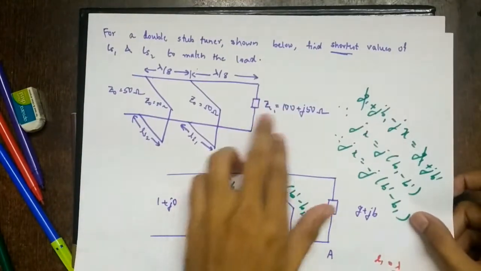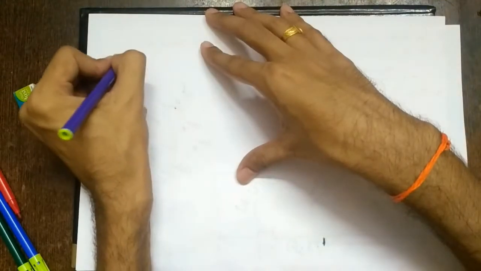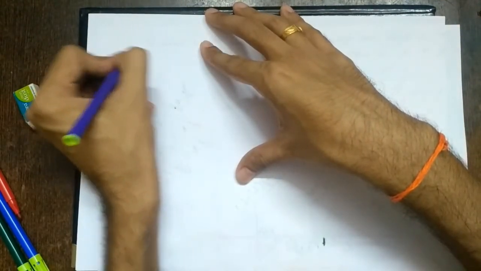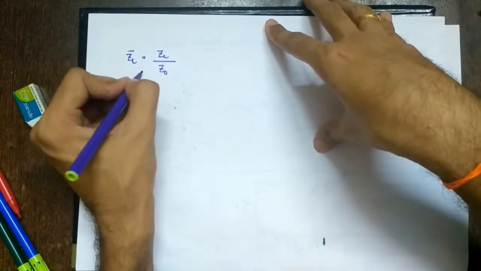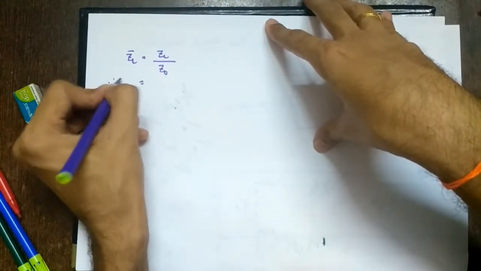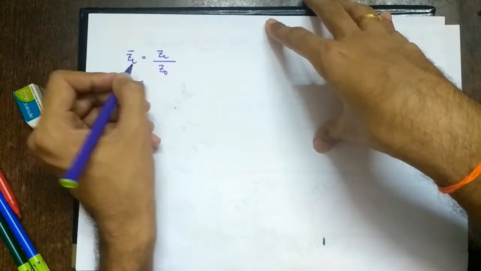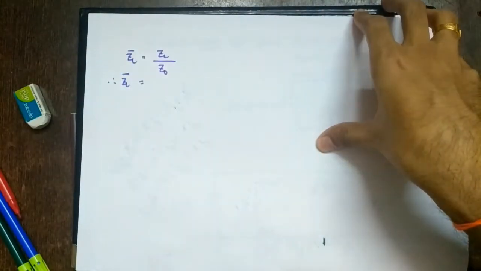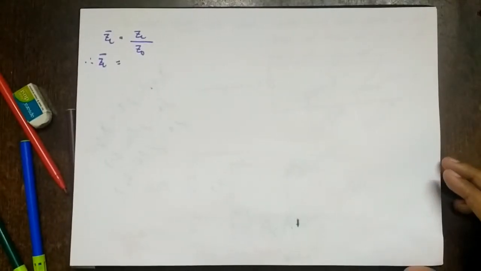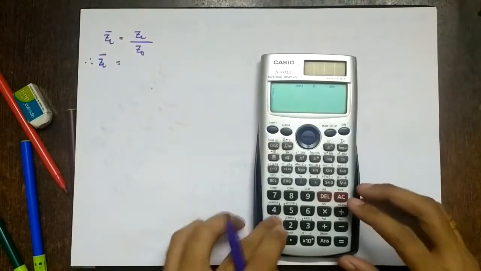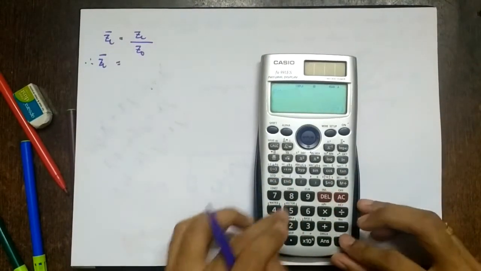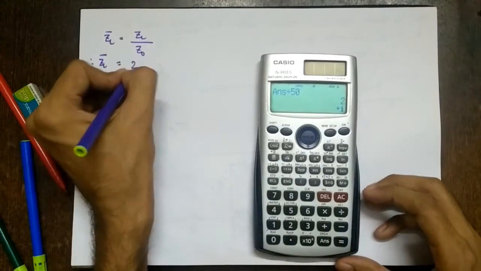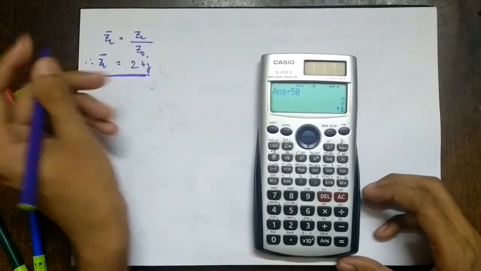What is ZL? 100 plus J50. So what will be ZL bar? ZL by Z0. Therefore ZL bar equals 100 plus J50 divided by 50, so 2 plus J, again no unit.